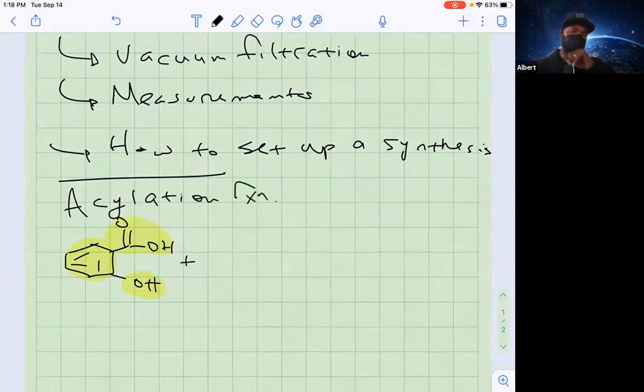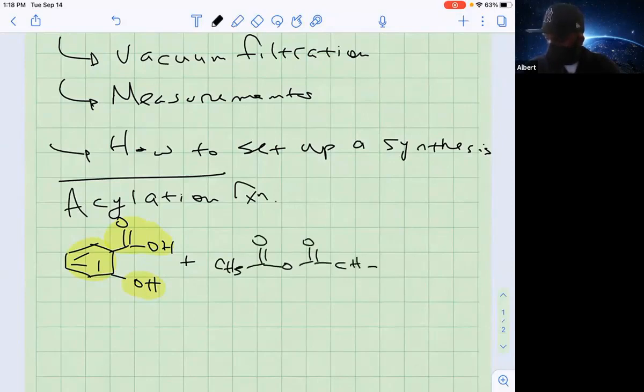All right, so we're going to take salicylic acid and react that with acetic anhydride, which looks like this. This is a type of ester. You can see the ester functional group right there.